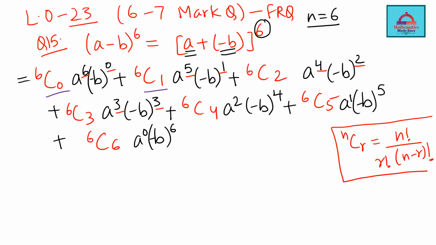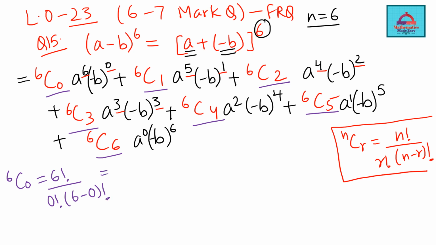You can directly get the values of these combinations from your calculator just to save time in your exam. So 6C0, we use the combination formula, it's going to be 1. Similarly, 6C6 is the same value, as these are symmetric coefficients.